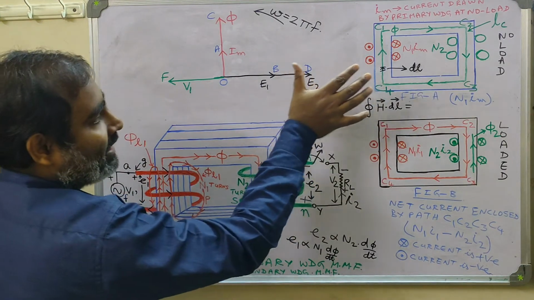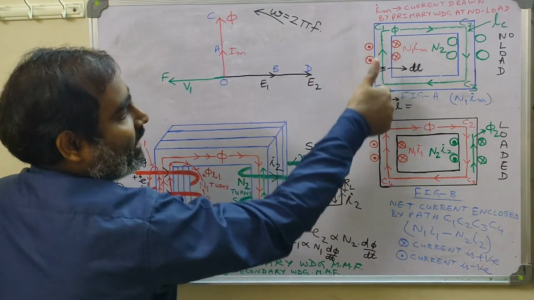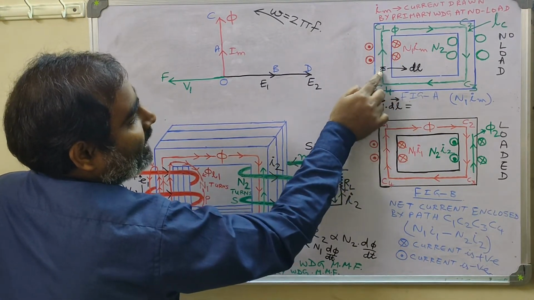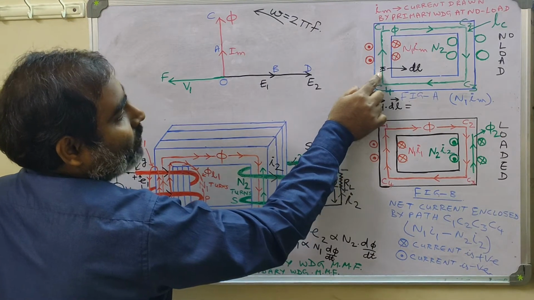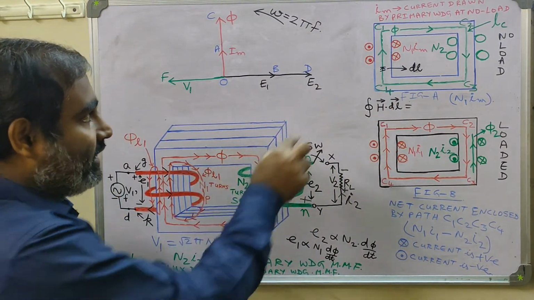If you apply the right hand grip rule, so cross and dot, the thumb is pointing in the same direction in which you are integrating H dot dl by taking the infinitesimal length dl.